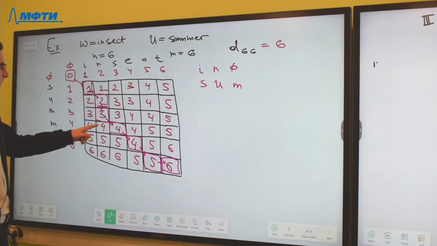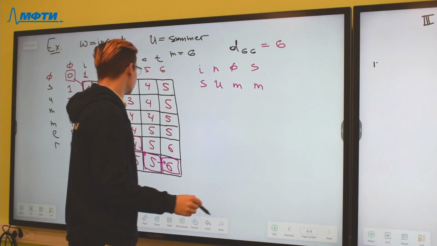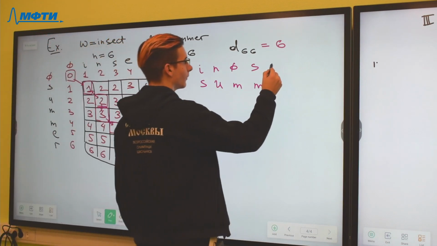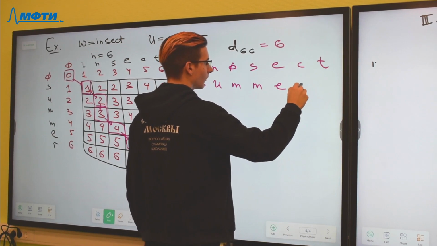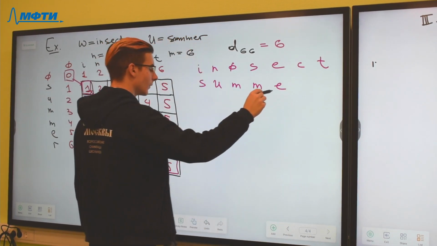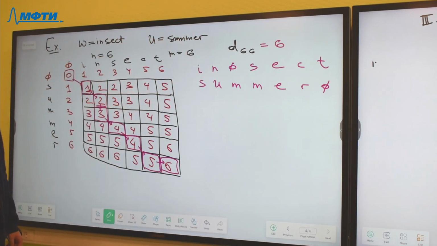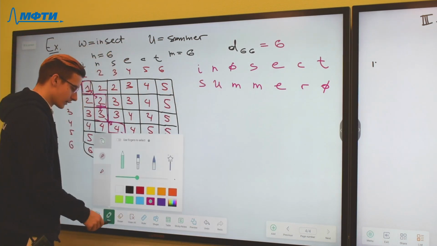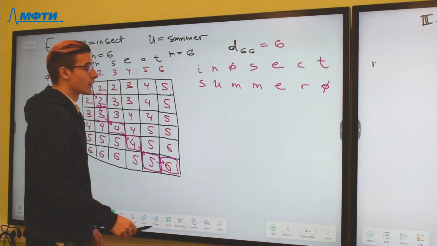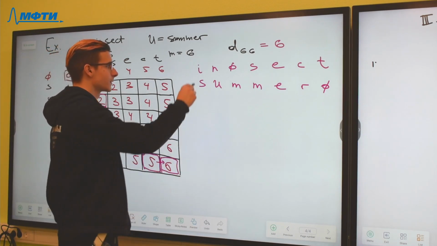Then I write both characters. And here I write R. And you see, for example, here we add empty characters for both of the words.